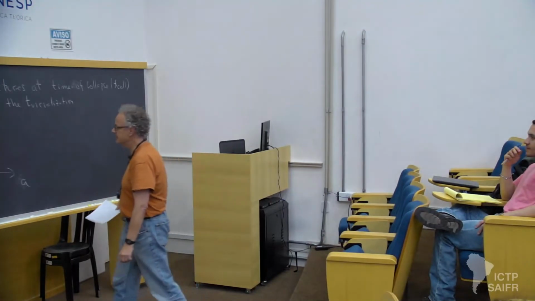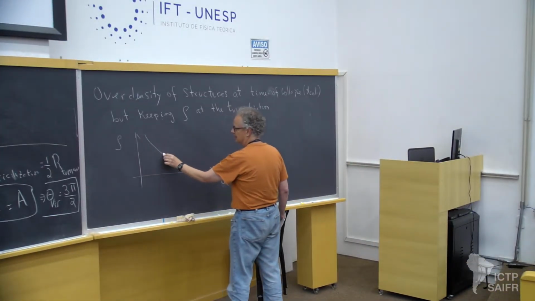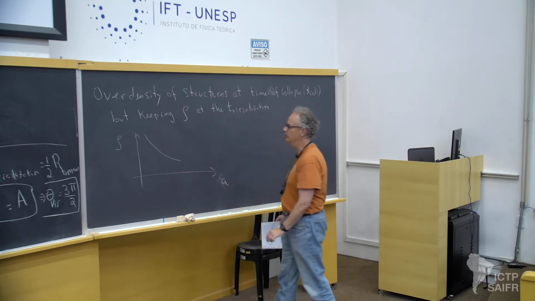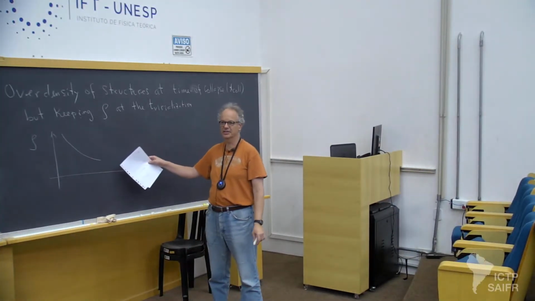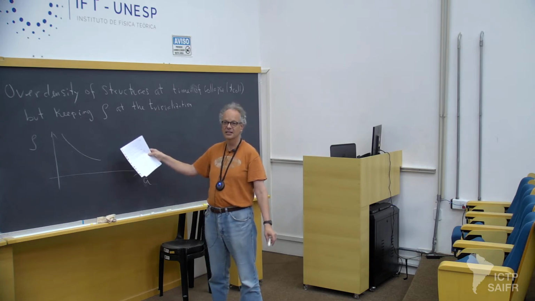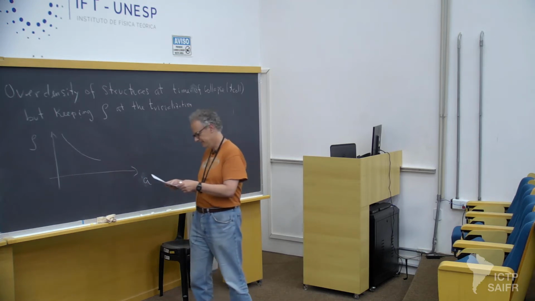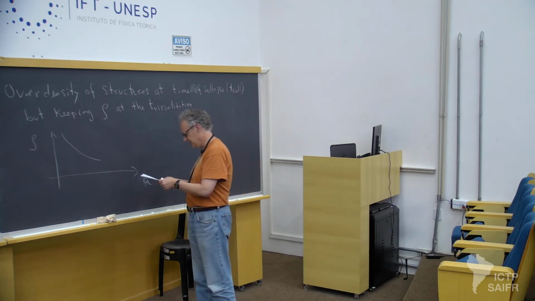So what happens is that if you start with some perturbation, remember how rho goes with the scale factor of a perturbation? How delta goes with the scale factor? Goes like 1 over a, right? Sorry. No, I'm sorry.